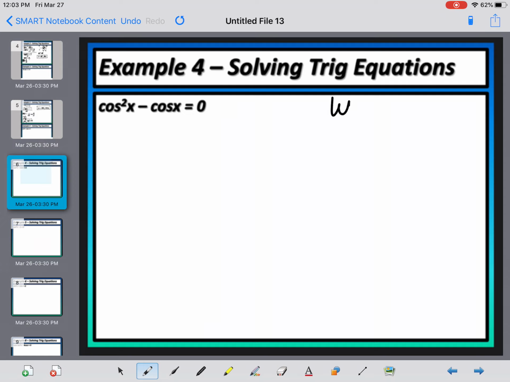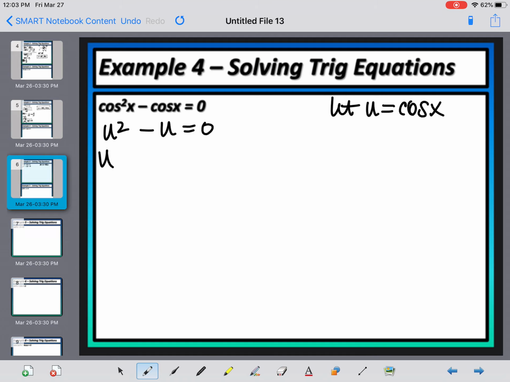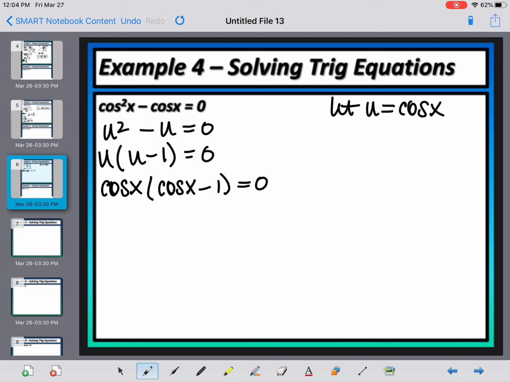Alright, so you could use a u substitution to factor this. We could say let u equal cosine of x. So u squared minus u. Now I have two factors here.